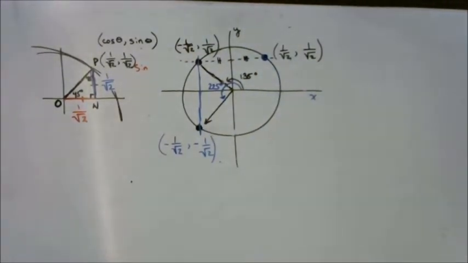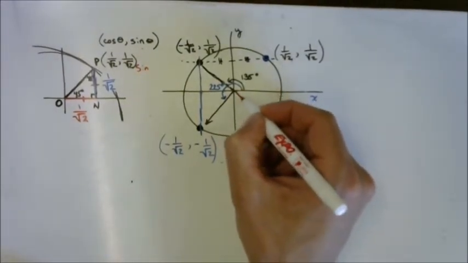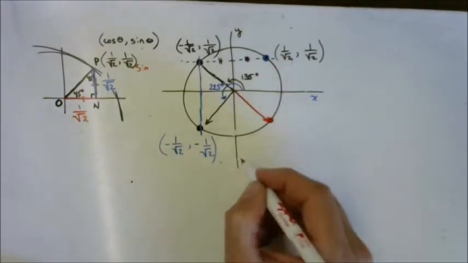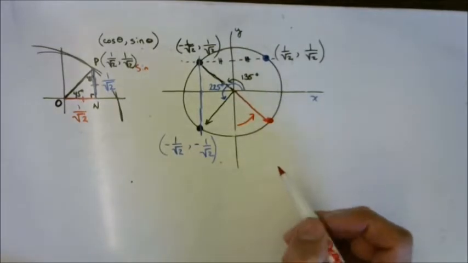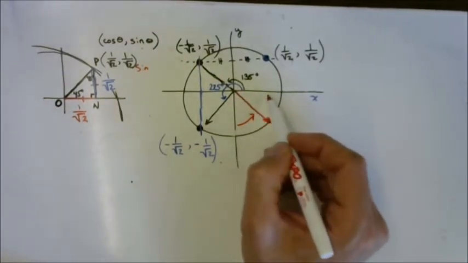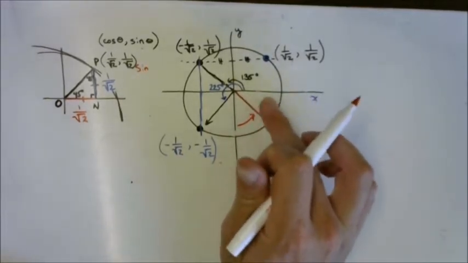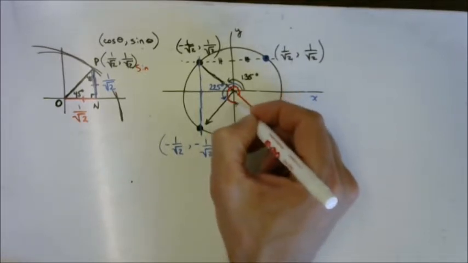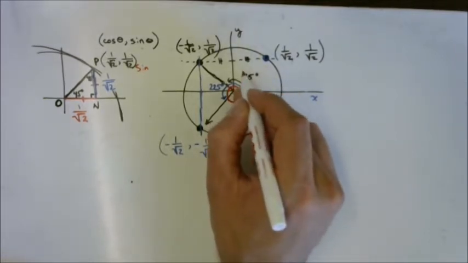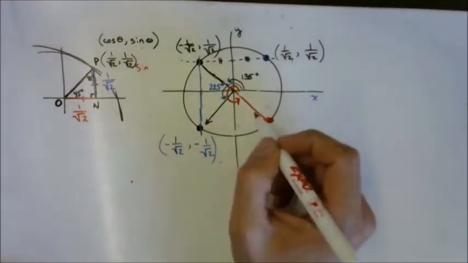All right, last one. Same theory applies. So here, now it's 270 degrees plus 45, or you can think of it as 360 minus 45. Either way, what do we have an angle of?